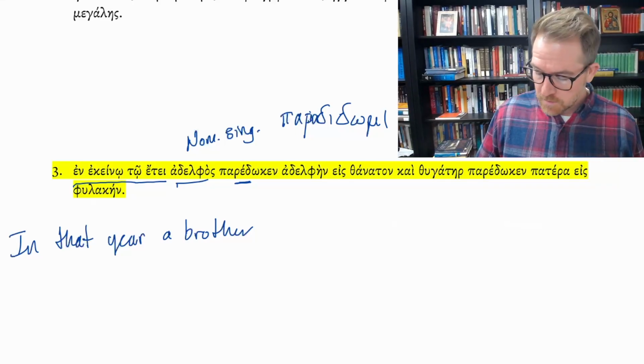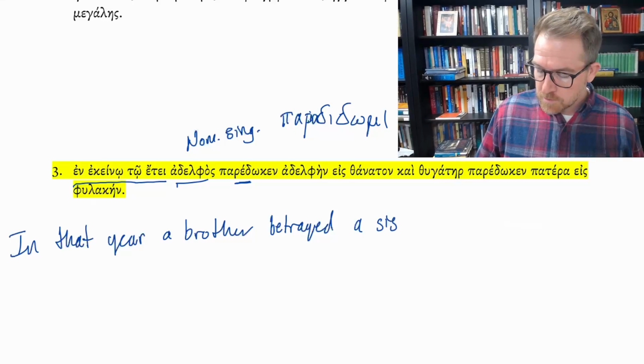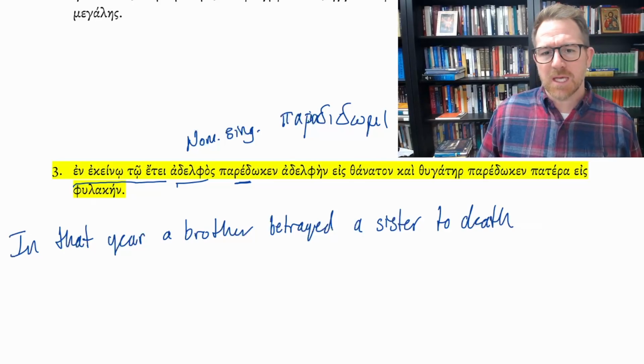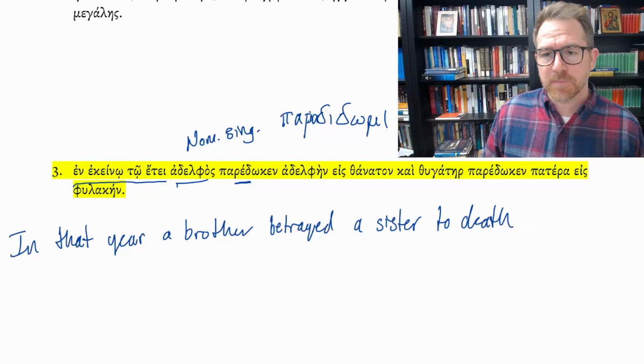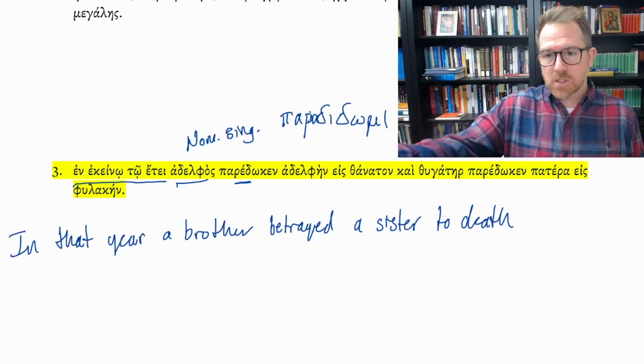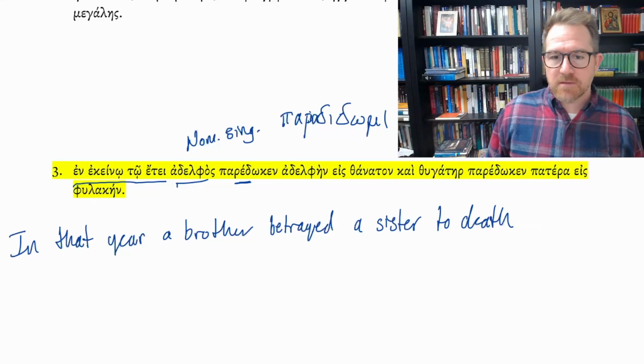In that year, a brother betrayed adelphēn, a sister, to death. Or you might even see this as handed her over to death. But this is the idea of giving, he gives her up. He betrays her. He hands her over to death.